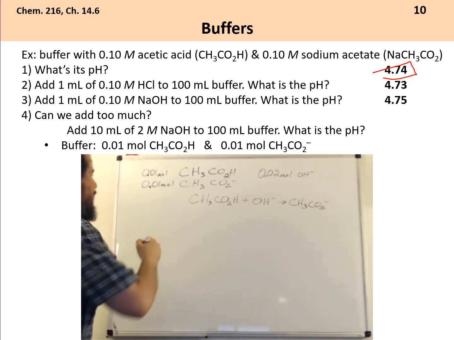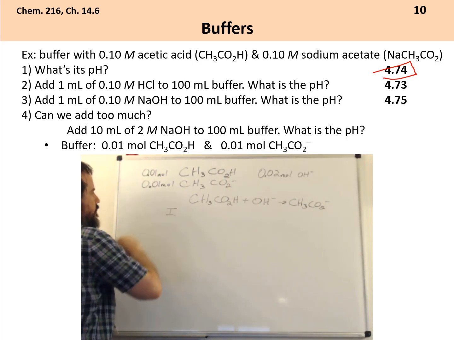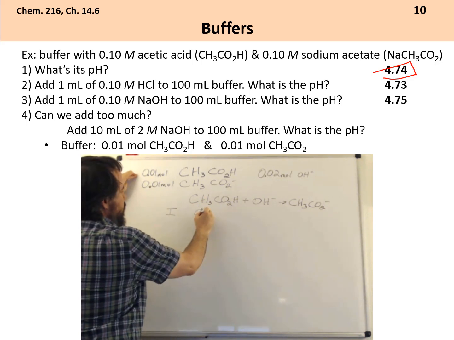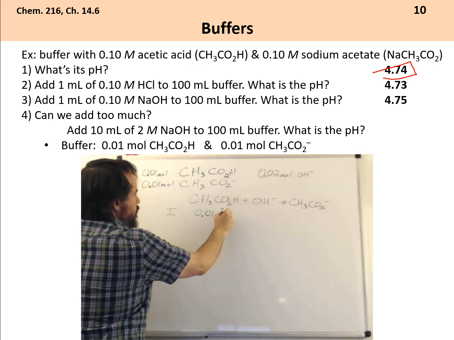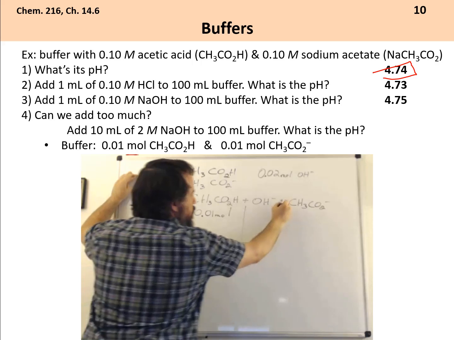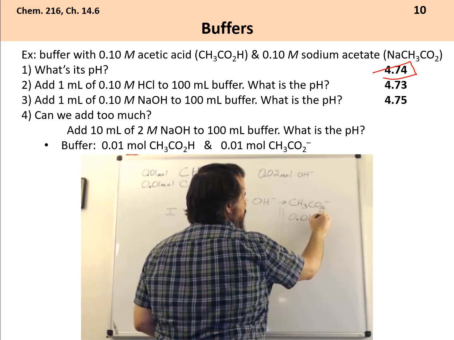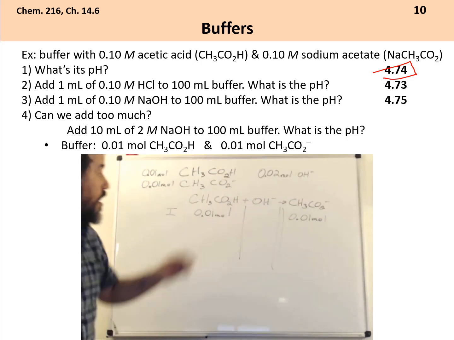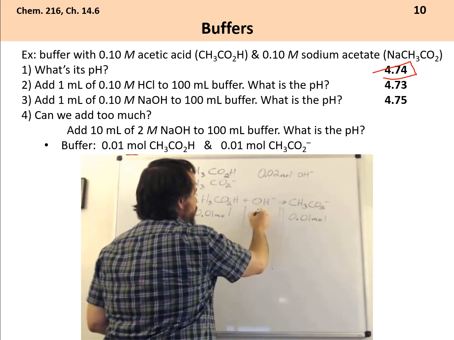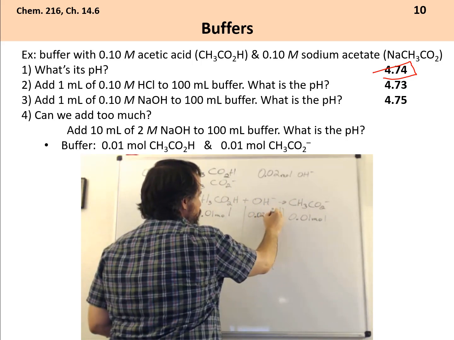All right, so initially, I have 0.01 mole. I have 0.01 mole because I have a buffer, and I'm going to add in 0.02 moles.